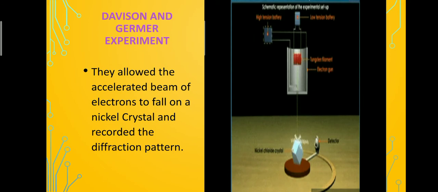You can see the white waves that are forming, those are the electron waves that were formed, and it was recorded in a diffraction pattern. So based on this experiment, it was clear that electron also behaves as a wave.